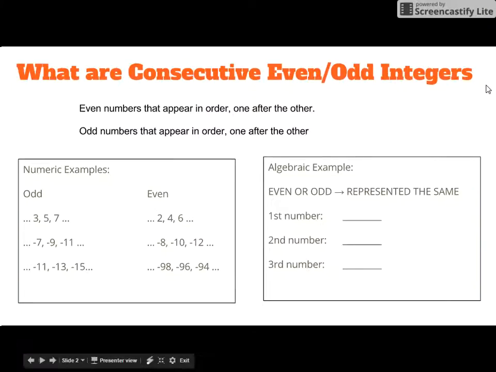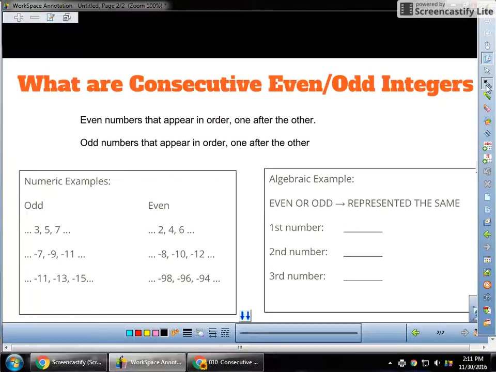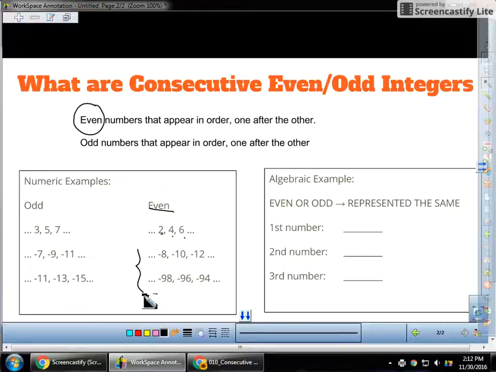So again, consecutive numbers are numbers that appear in order, but even consecutive numbers appear in order, one after the other. So even examples would be 2, 4, 6. They are even numbers and they appear one right after the other. So you can see the examples below are also examples of consecutive even integers.